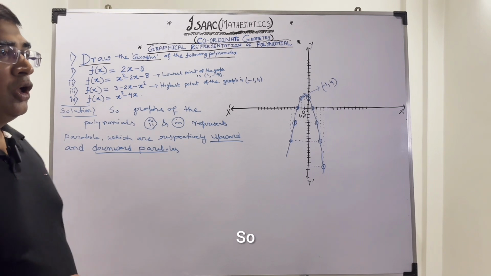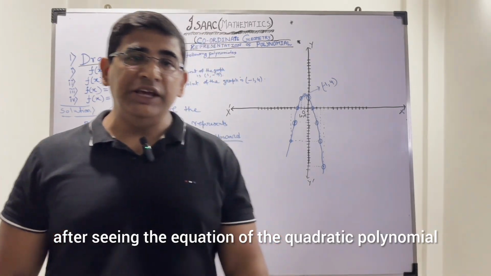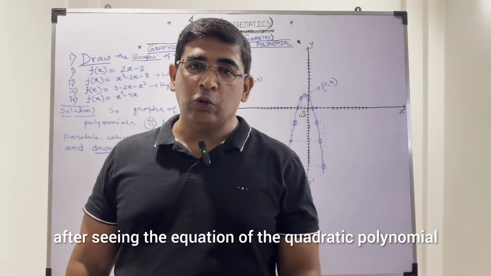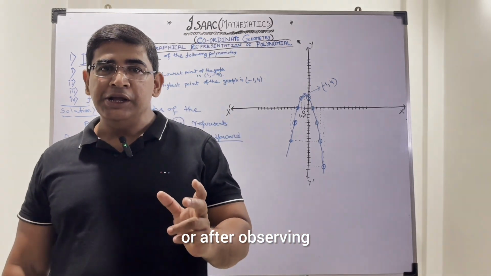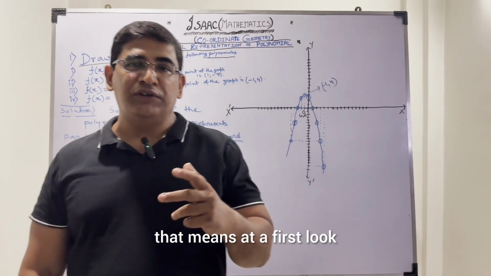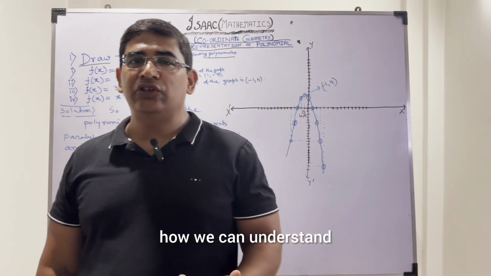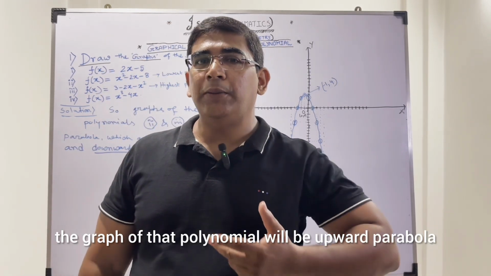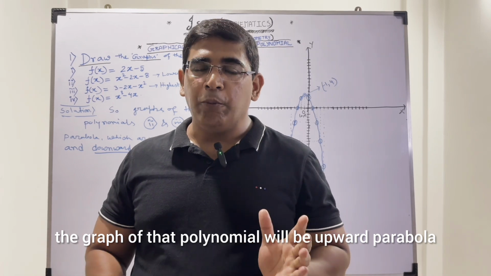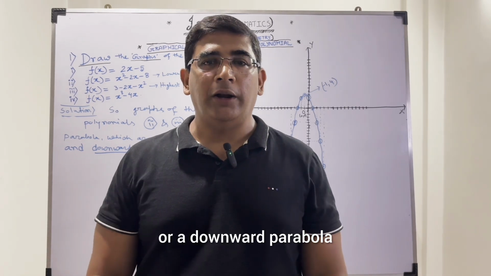Okay, so after seeing the equation of the quadratic polynomial, or after observing, that means at a first look, how we can understand the graph of that polynomial will be an upward parabola or a downward parabola.